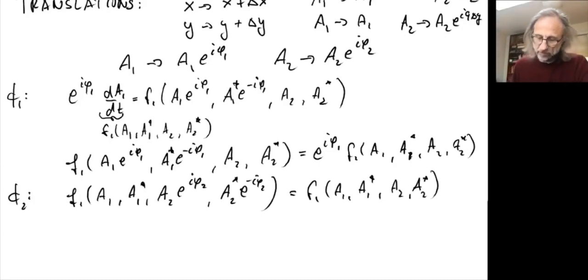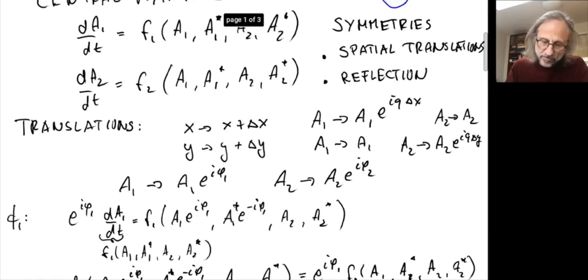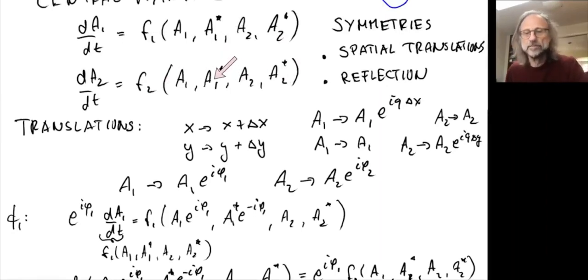So that leaves F1 invariant, whereas the other shift makes F1 equivariant. You get the analogous thing, of course, for F2, except it's the other way around. F2 changes its phase if you make a shift in A2, but not if you make a shift in A1.